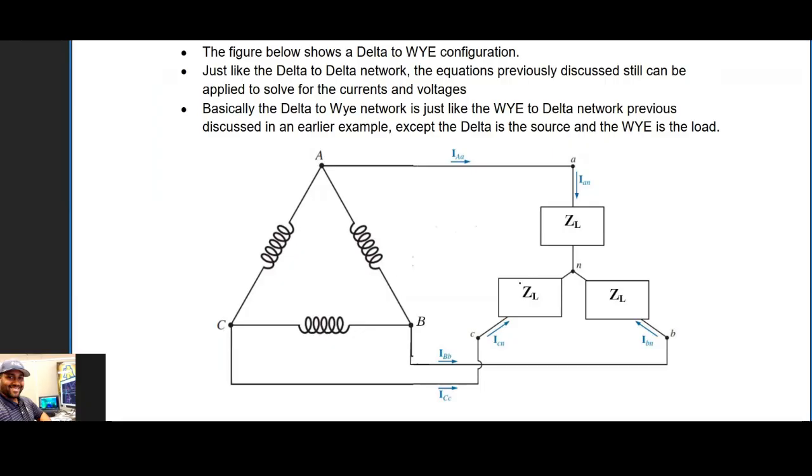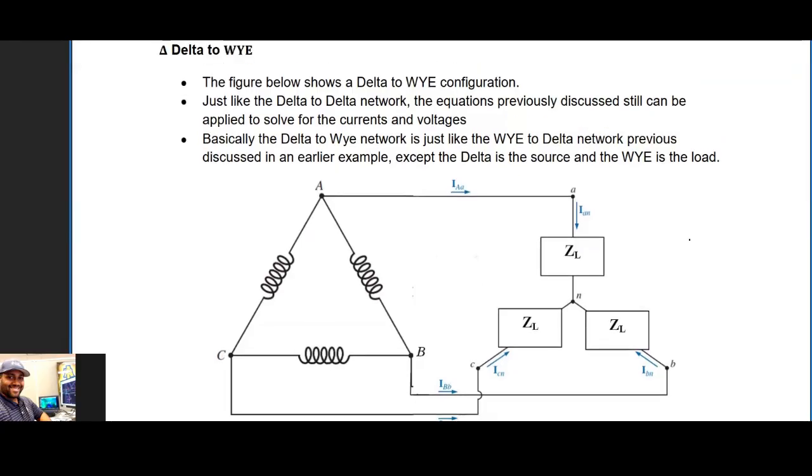But because we are considering that this load is going to be balanced, our calculations can still be performed in the same manner like we once did for the other configurations.